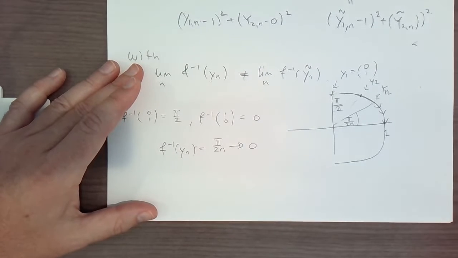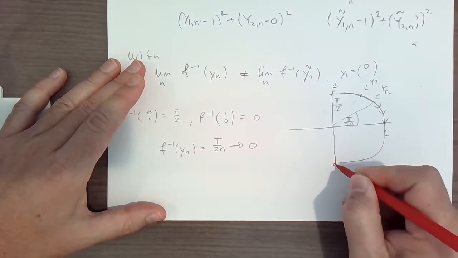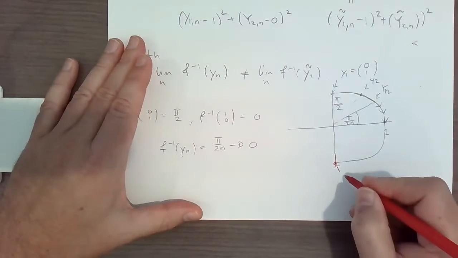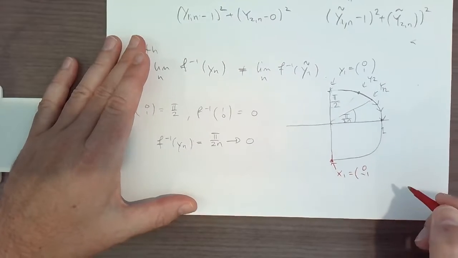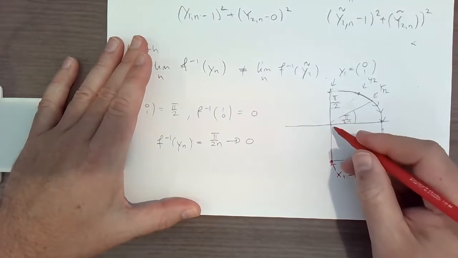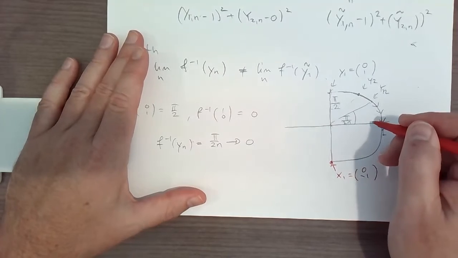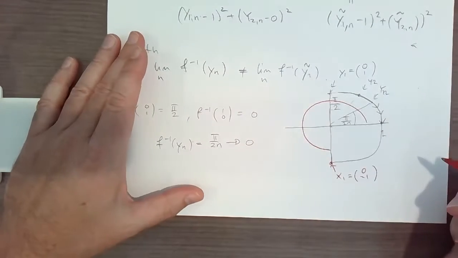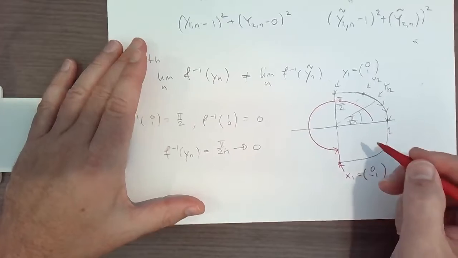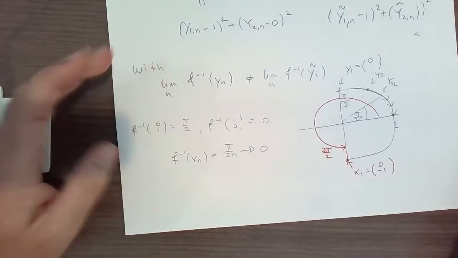Now the other one, I'm just going to flip it. Let's start here now. This is going to be my x1, so this is (0, -1). That angle is measured from in here and then all the way around, so it is going to be 3 pi over 2.